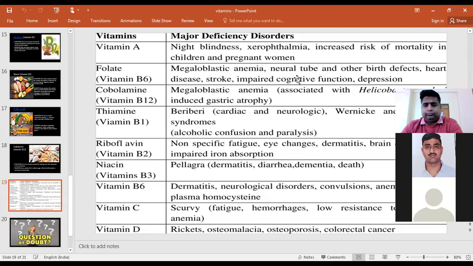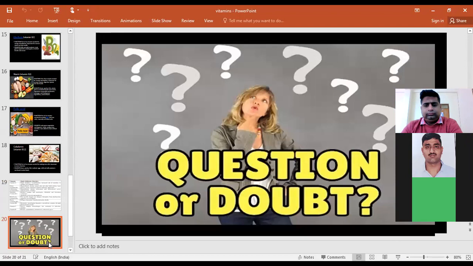Okay, sir. सर एग्जाम में डिफिशियंसी वगैरह पूछे जाएंगे क्या सर? Yes, your syllabus is food sources, deficiency, and the functions. Functions, food sources, and deficiency.